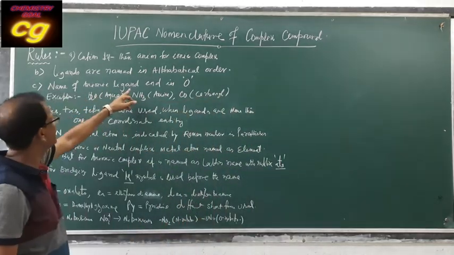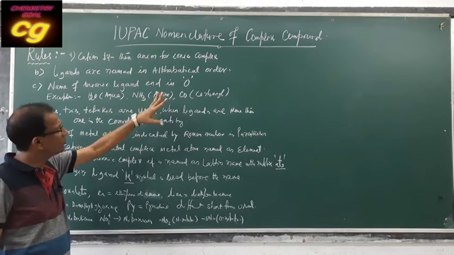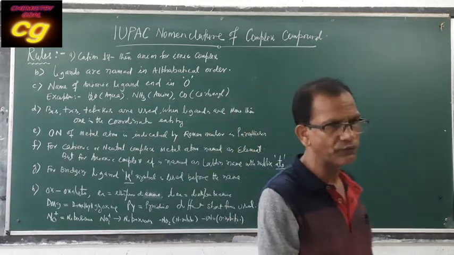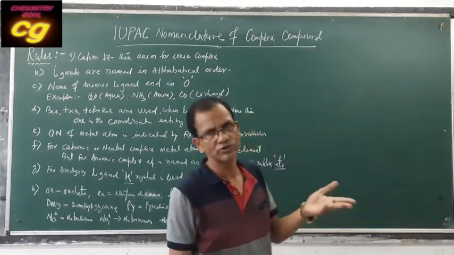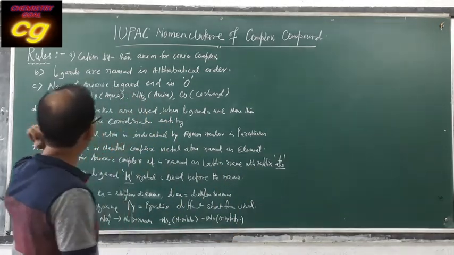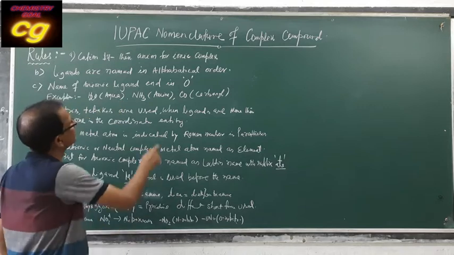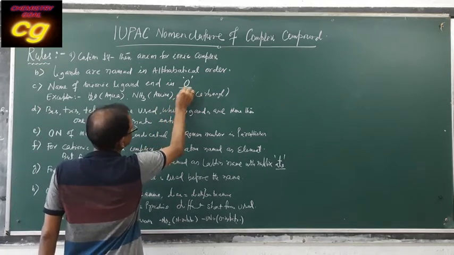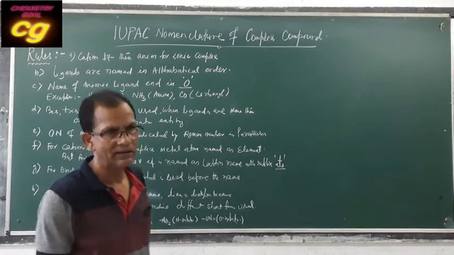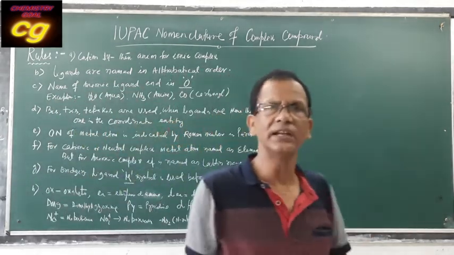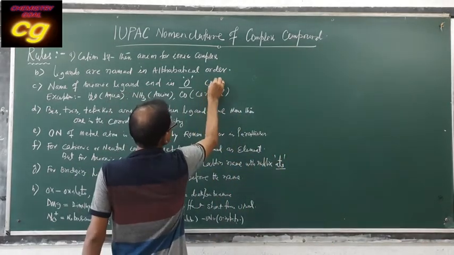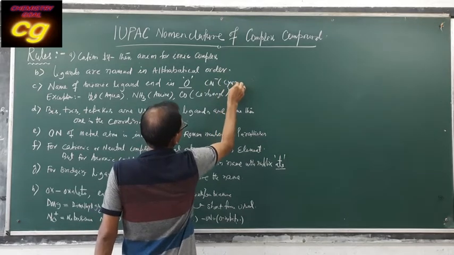The name of an anion ligand ends in O. That means for any anion ligand, like Cl minus, OH minus, the suffix O will be written, meaning it ends in O. For example, CN minus, the name will be cyano.